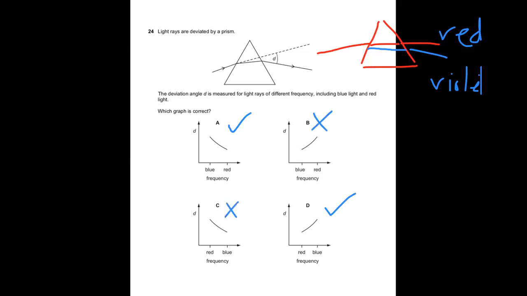Now for frequency, it is a fact that out of the 7 lights, red has the greatest wavelength and violet has the greatest frequency. So red's frequency is also minimum. That is shown in option D. So D is the correct option.